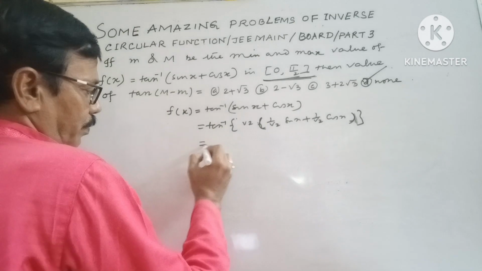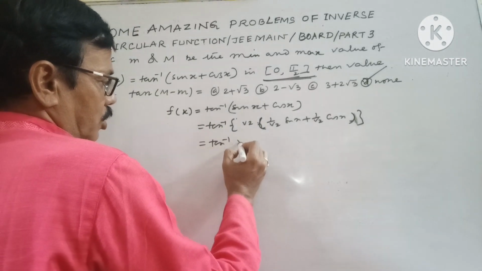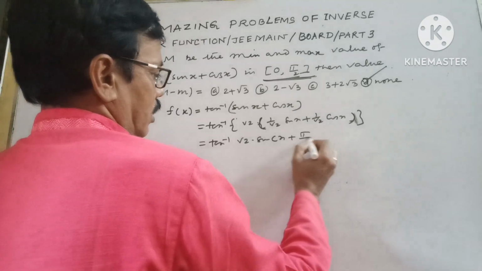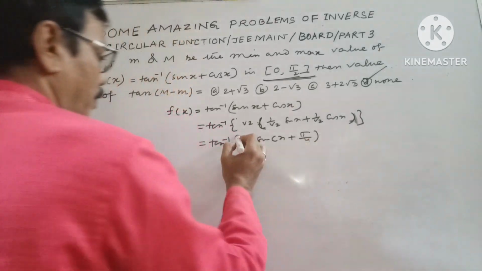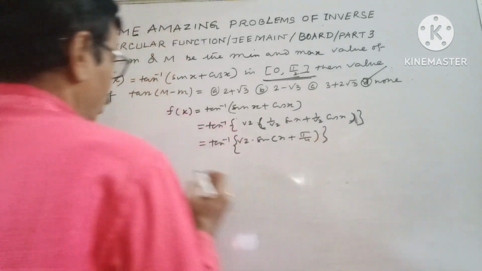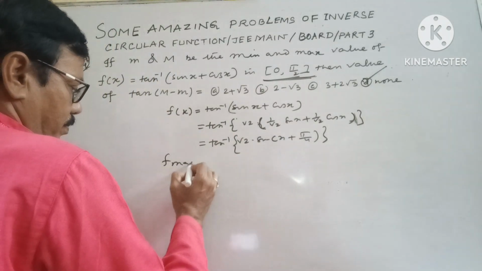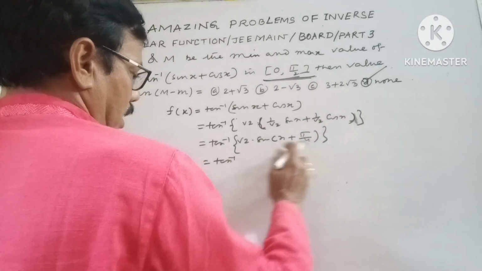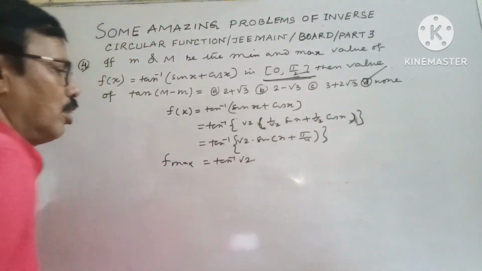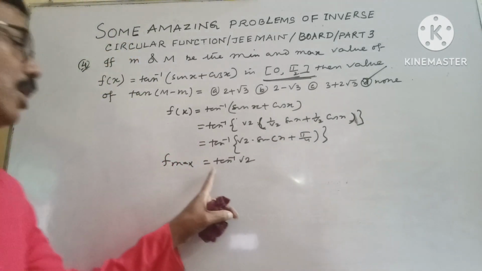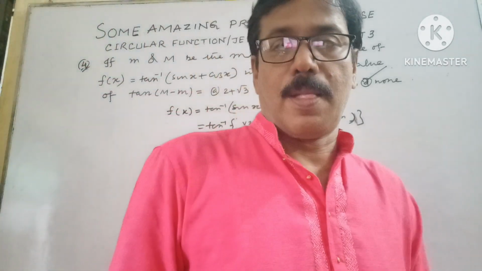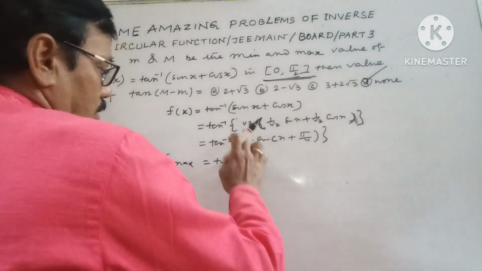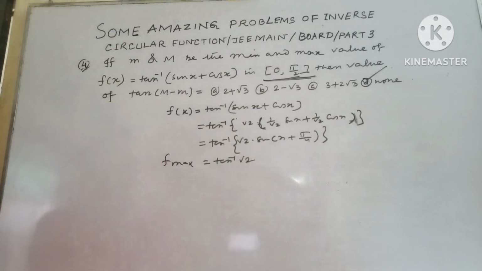So tan inverse of root 2 sin(x + pi by 4). Now the maximum equals tan inverse root 2, since sin is 1. The minimum would be, since sin is minus 1, tan inverse minus root 2.